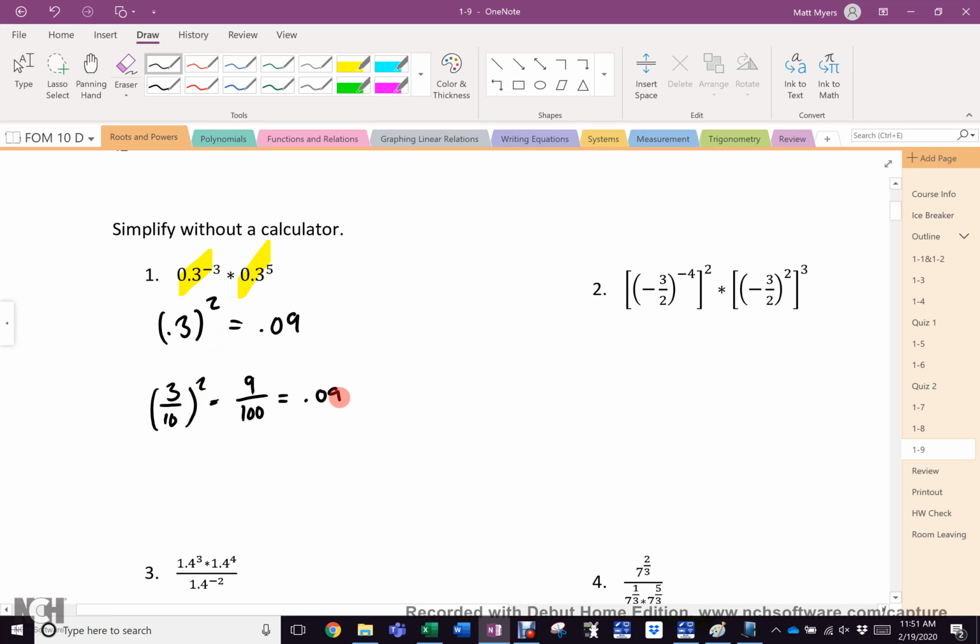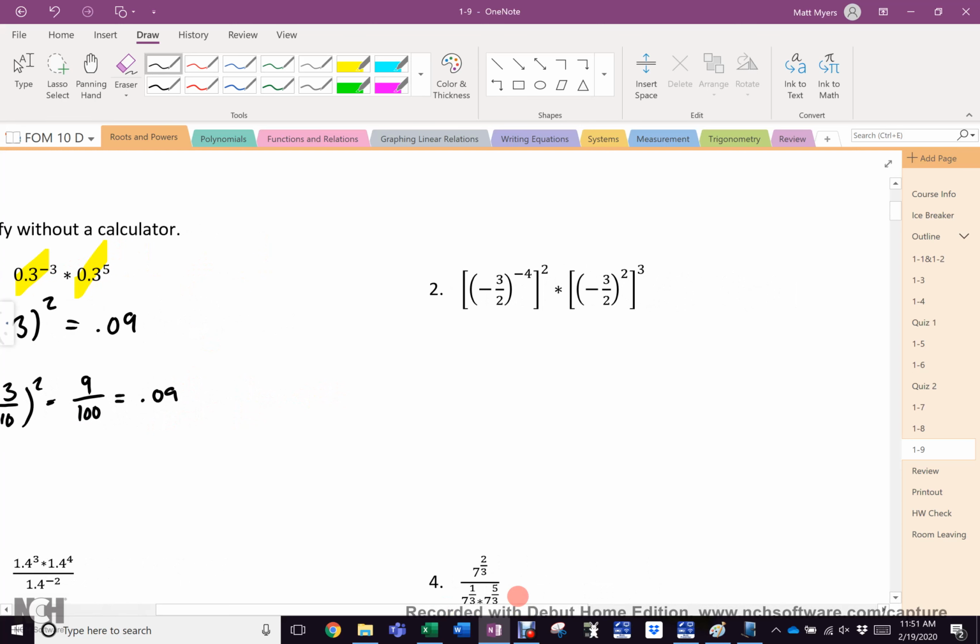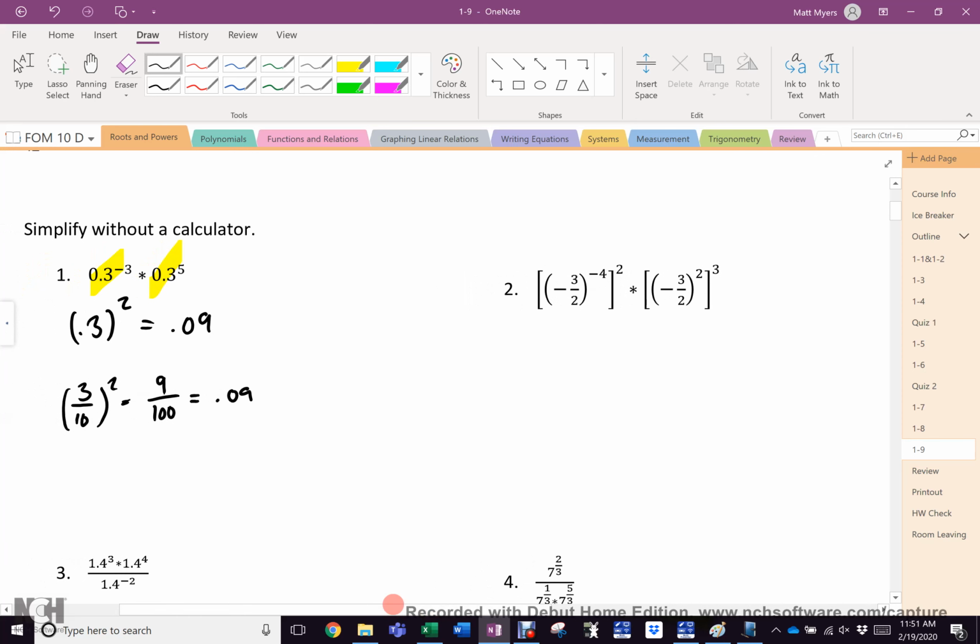Now you will look at the next one, and again you will go, yikes! Should you? Should you be scared of that second one? Why not? Because they're the same base, aren't they? If those were x's, you could do this in your sleep.